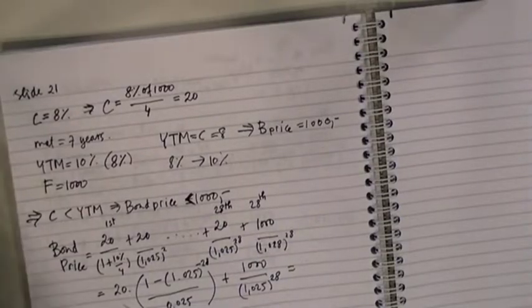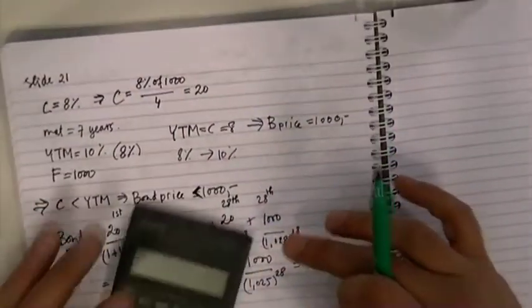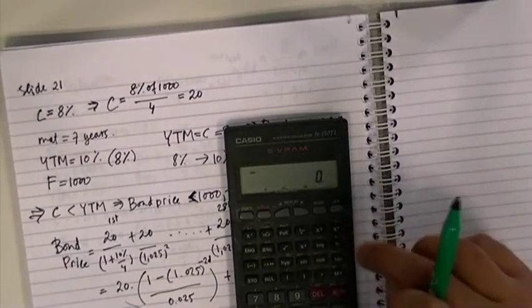Now, let us get our calculator. This is, let's say, your average Joe calculator. So let us do the first part.